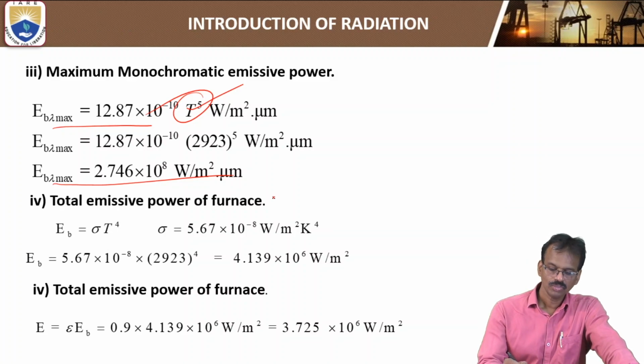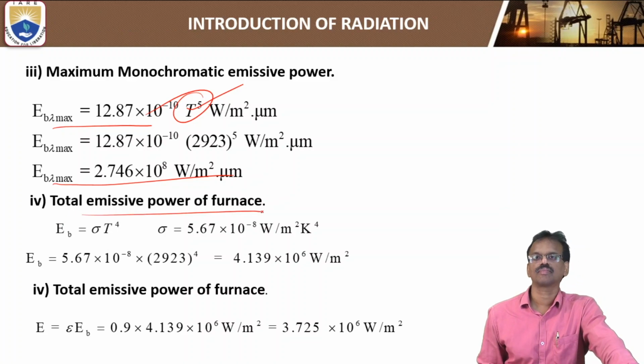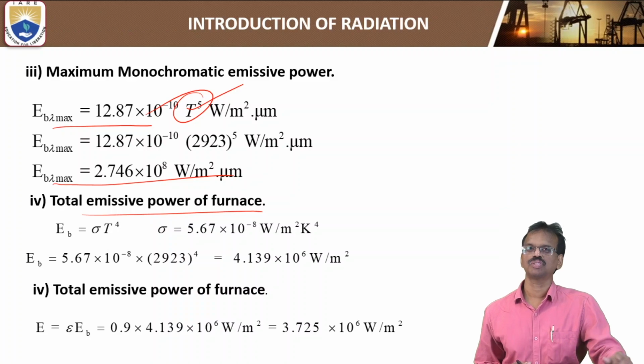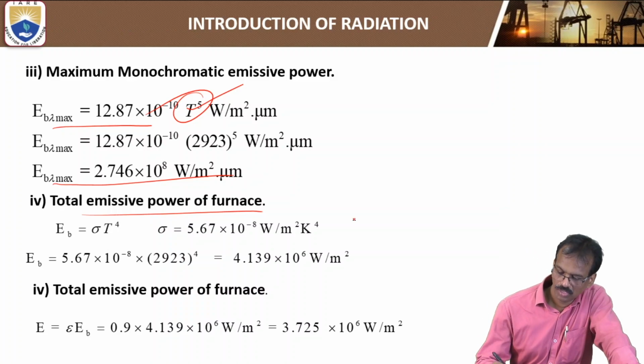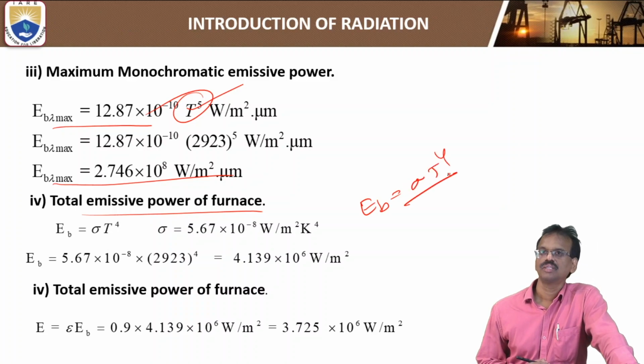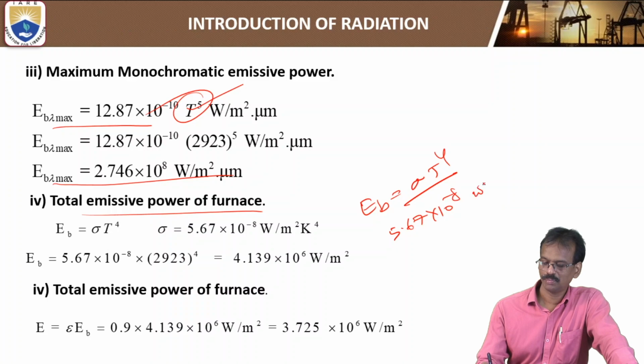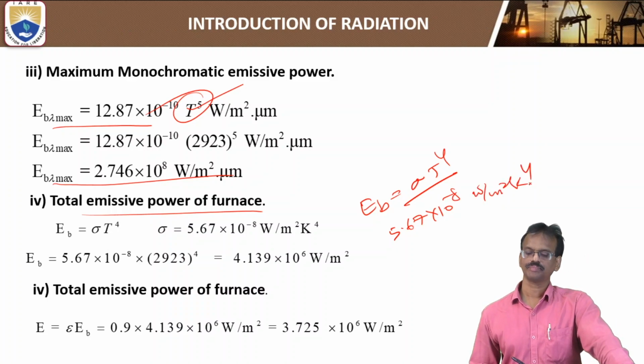The last one, the fourth, is the total emissive power. We can find the total emissive power with the help of the Stefan-Boltzmann law, represented as E_B is equal to sigma T to the power of 4. Sigma is the Stefan-Boltzmann constant, 5.67 into 10 to the power of minus 8 watt per meter square Kelvin to the power of 4.